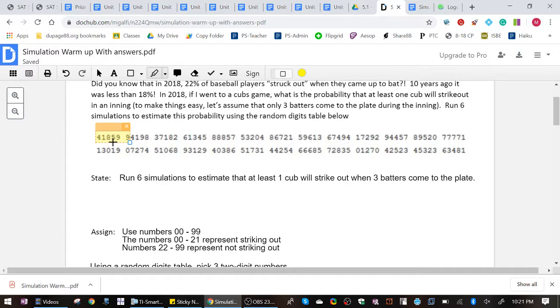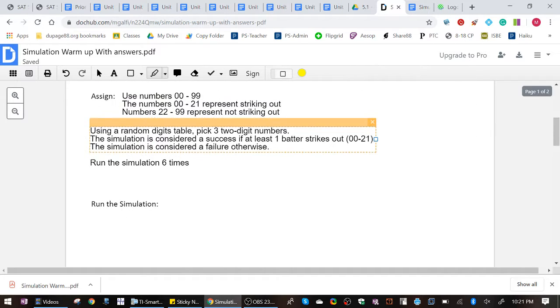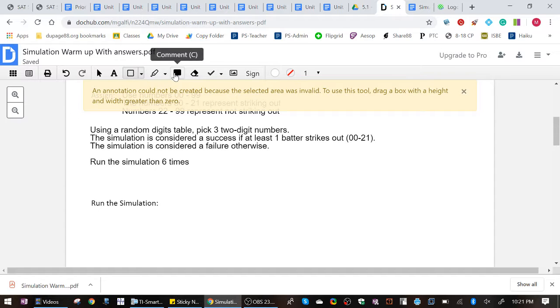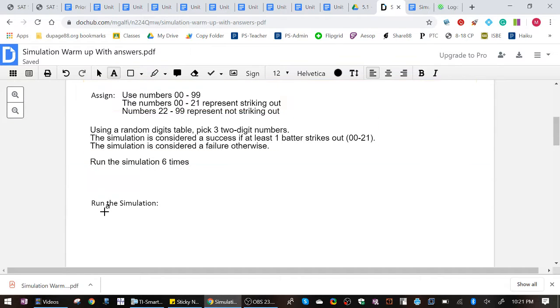Then 85, not striking out. Then 99, not striking out. So simulation number 1 was a failure. Nobody struck out during that simulation.